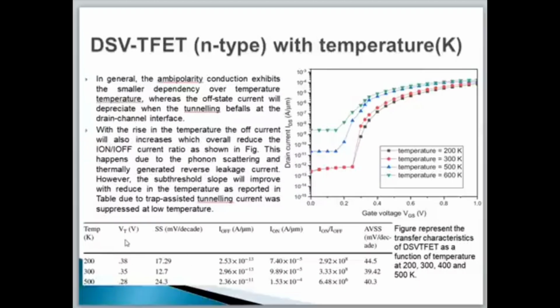You can note down from the table, if you are reducing the temperature, the IOFF current is reduced from this value to that value. This means it will increase the ION-IOFF current ratio and the value of the average subthreshold slope at this one. At 200 Kelvin, the average subthreshold slope is 44 and at 500 Kelvin, the average subthreshold slope is around 40.3 millivolt per decade. My dear friend, this is the end for today.